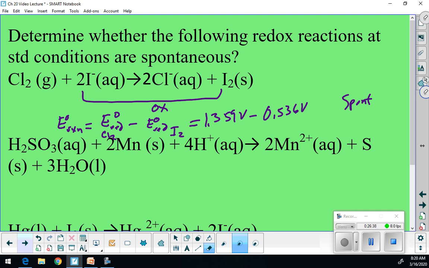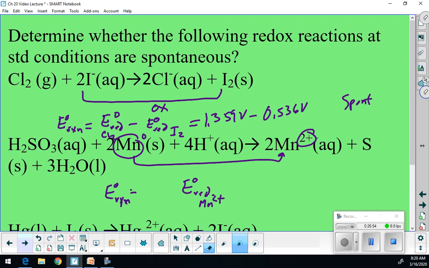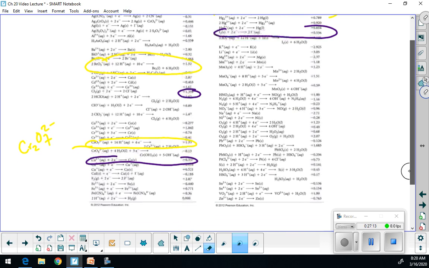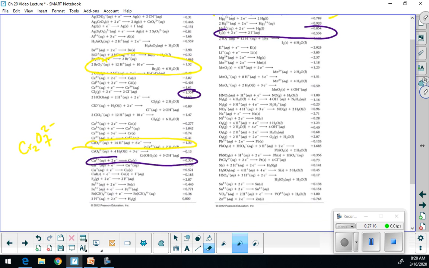What happens? I have manganese going from 0 to +2, so that means I'm looking up my manganese 2+ reducing, and so my reaction is going to be, what's my standard reduction potential for my other one? It's going to be my H2SO3. So let's do that. H2SO3. Hey, right here.